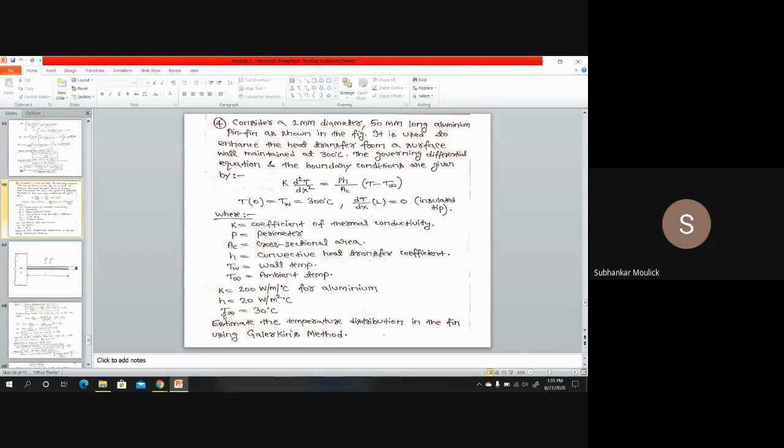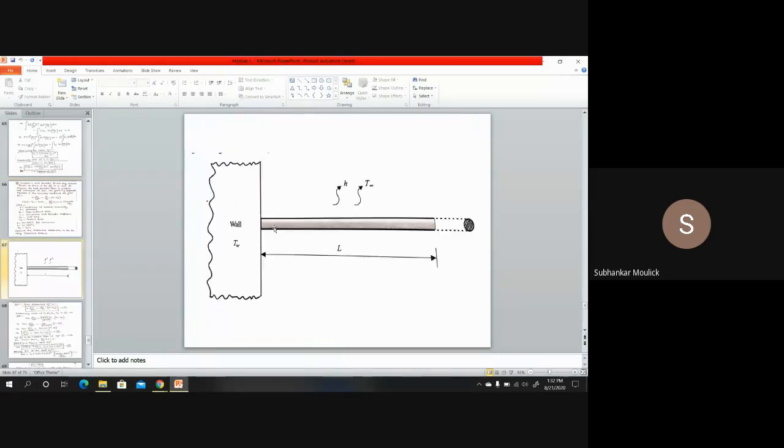Estimate the temperature distribution in the fin using the Galerkin method. The fin starts from this end and ends at this end. If you treat this fin as one single element, how will the temperature distribution vary? You have to find one approximate temperature distribution profile by the Galerkin method.